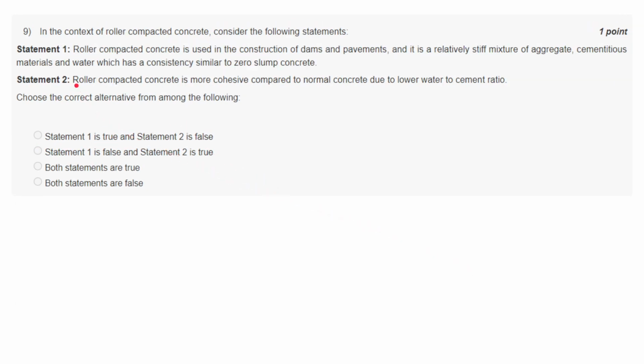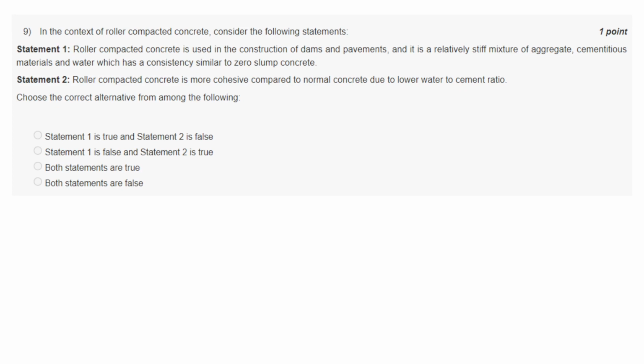Ninth question, in the context of roller compacted concrete, consider the following statements. Statement 1, roller compacted concrete is used in the construction of dams and pavements, and it is a relatively stiff mix of aggregate, cementitious materials and water, which has a consistency similar to zero slump concrete.